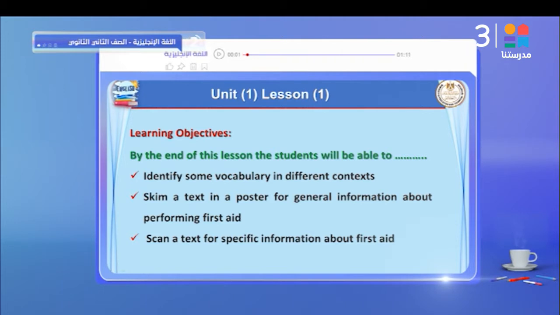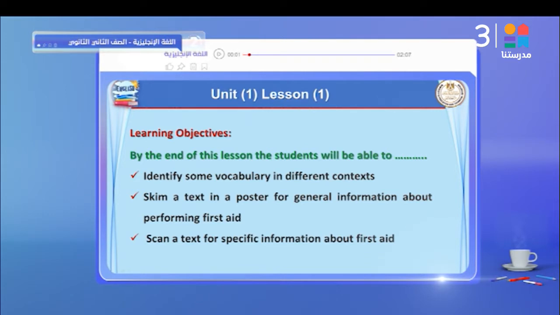By the end of this lesson, the students will be able to identify some vocabulary in different contexts. We will learn some vocabulary. Skim a text in a poster for general information about performing first aid. We will read a text quickly to know some general information about how to perform first aid.